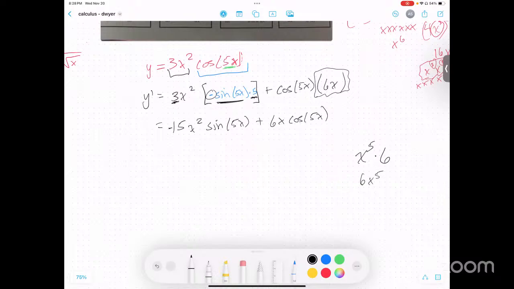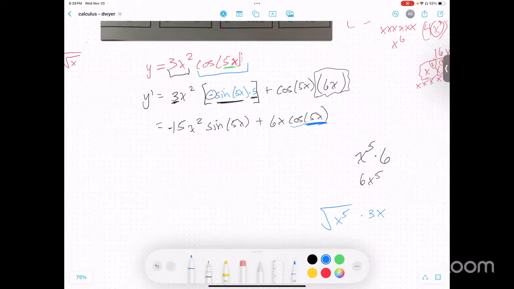What was your question? Could I just multiply 5x times 6x? No, because this 5x is inside the function, the cosine function. That's the argument of the function. It's like if I said you have the square root of x to the 5th times 3x.